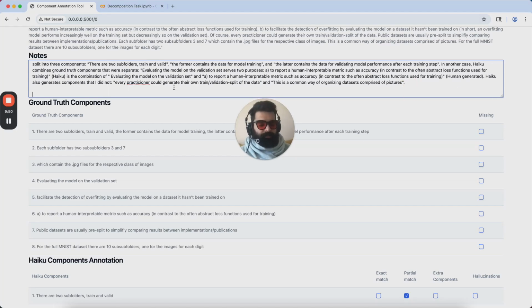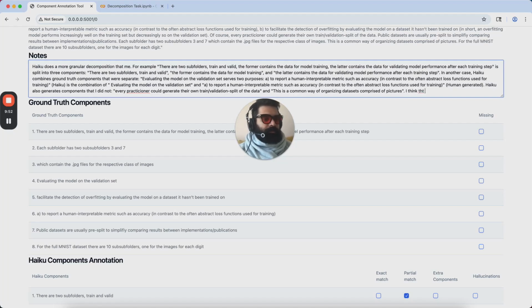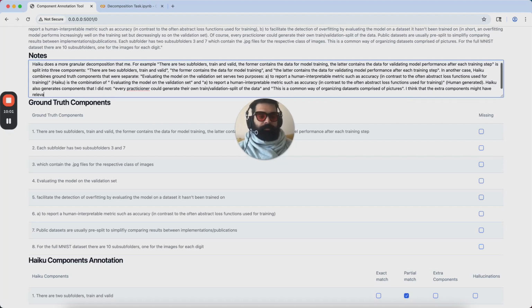But let me just write here, I think that the extra components might have relevant passages from the text, but I don't consider them important to the gold standard answer.